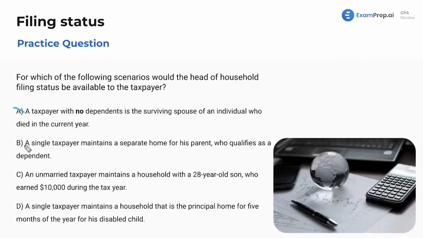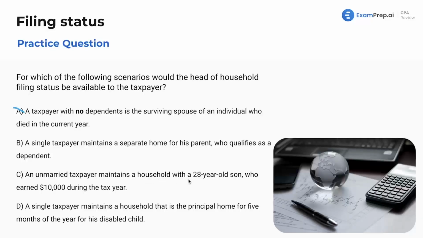Then next up, we've got letter B. A single taxpayer maintains a separate home for his parent who qualifies as a dependent. Okay, I feel as though that checks off all the boxes that we saw throughout the lesson, so I'm going to leave that on the table. Next, we've got an unmarried taxpayer who maintains a household with a 28-year-old son who earns $10,000 during the tax year. Well, head of household is only for unmarried people, and this person is unmarried, and they also need a qualifying dependent.